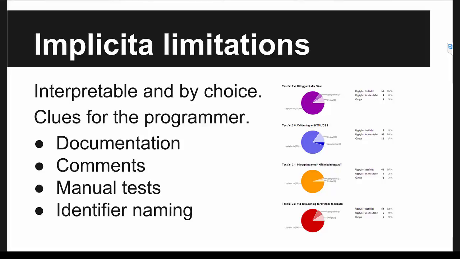So I gave the students a login application. You've seen it, right? And I gave them the manual tests, and I asked them, okay, test this application with this manual test, and they come up with different answers. I find that kind of fascinating, that it can be so different.